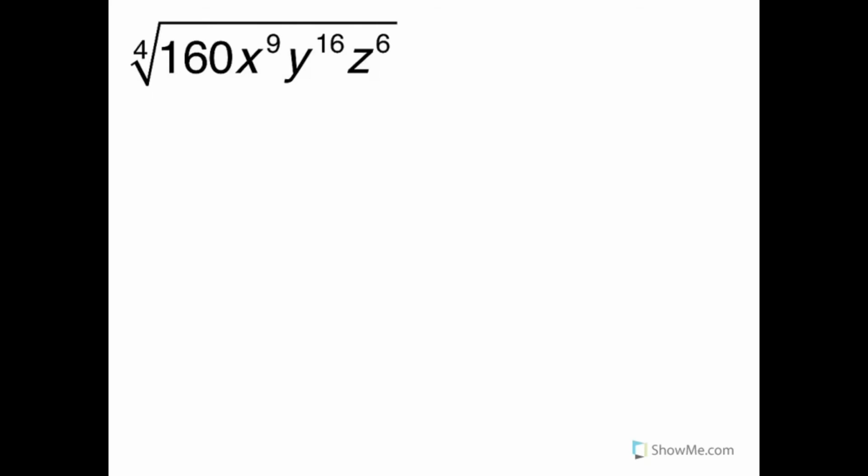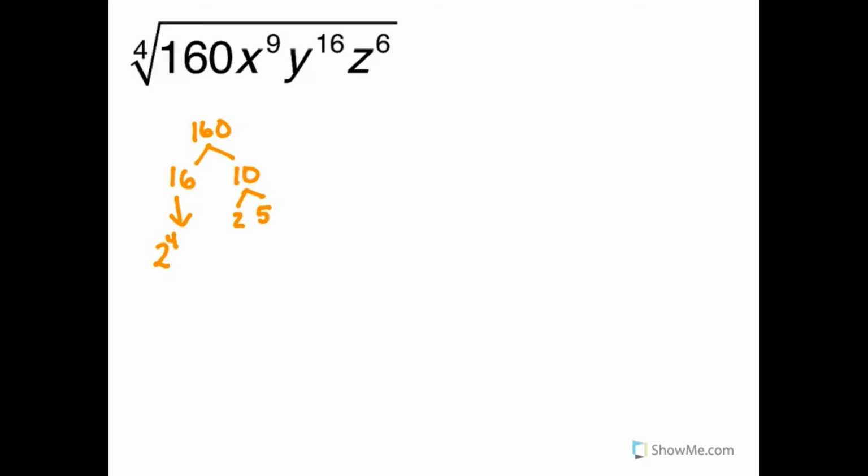Here's an expression to simplify: the fourth root of 160 times x to the 9th power, y to the 16th power, z to the 6th power. Let's start by factoring 160. 160 is 16 times 10. 16 is 2 to the 4th power, and 10 is 2 times 5.